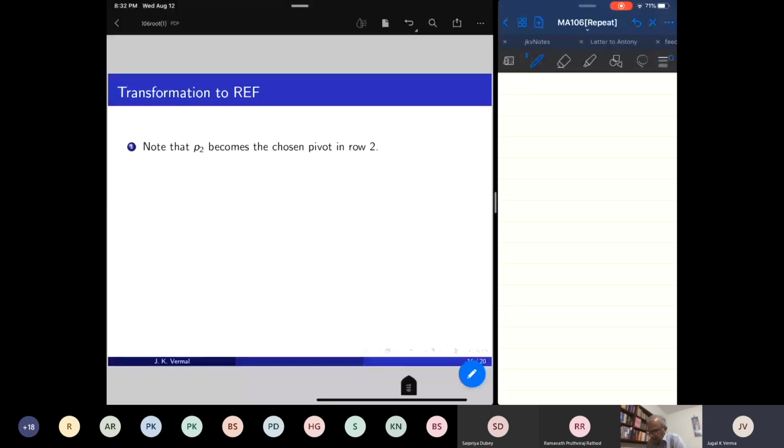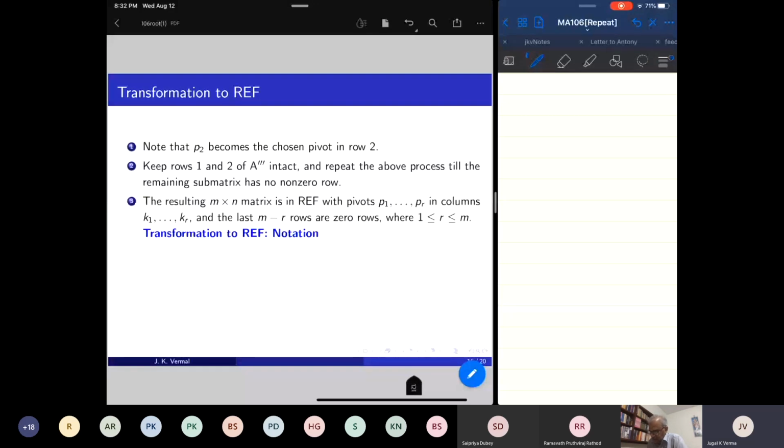P2 becomes the chosen pivot in row 2, and we keep repeating this process, resulting in an m by n matrix in row echelon form with pivots P1, P2, ..., Pr in columns K1, ..., Kr, and the last m minus r rows are 0 rows, because the number of non-zero rows is the number of pivots.